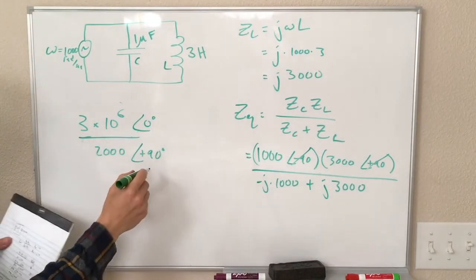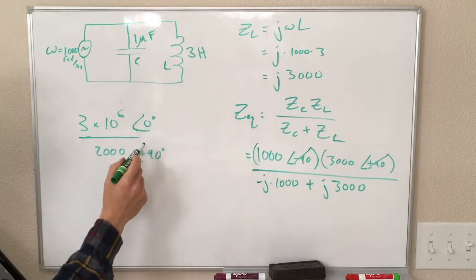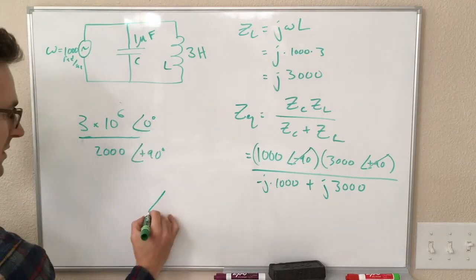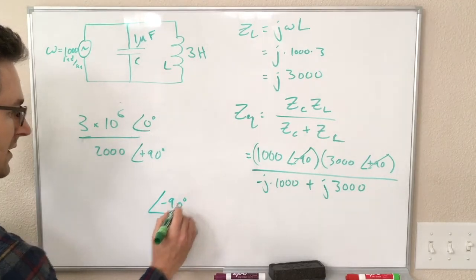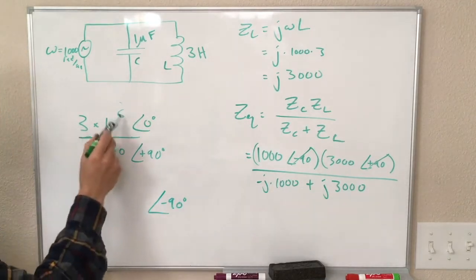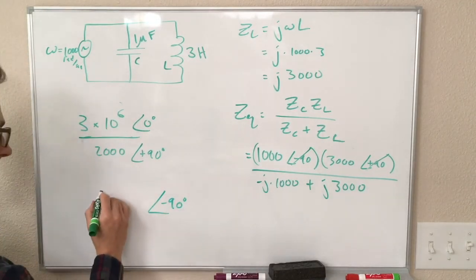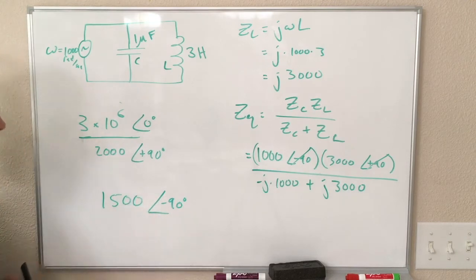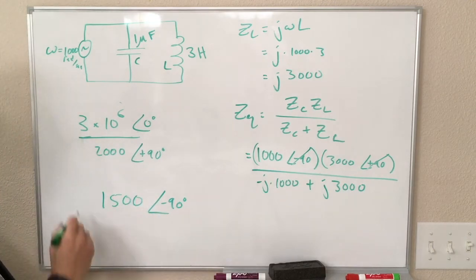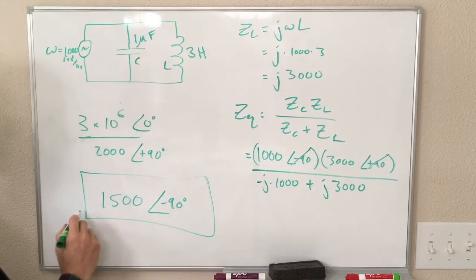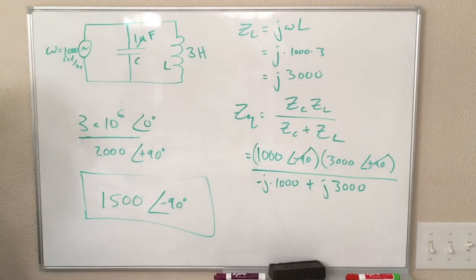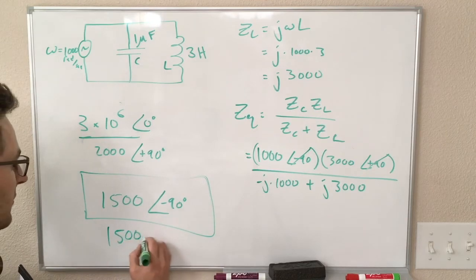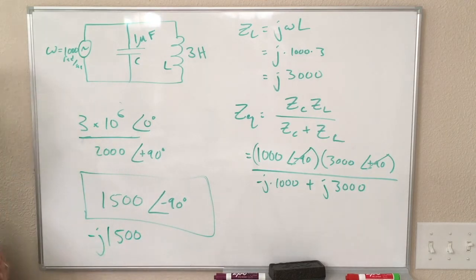So when we divide these, we get 0 degrees minus 90 degrees. That's going to give us an answer with an angle of minus 90 degrees. And 3 million divided by 2,000 gives us 1,500 ohms. So this is our final answer, 1.5 kilo ohms. We could also write this as 1,500 in the minus j direction, right?